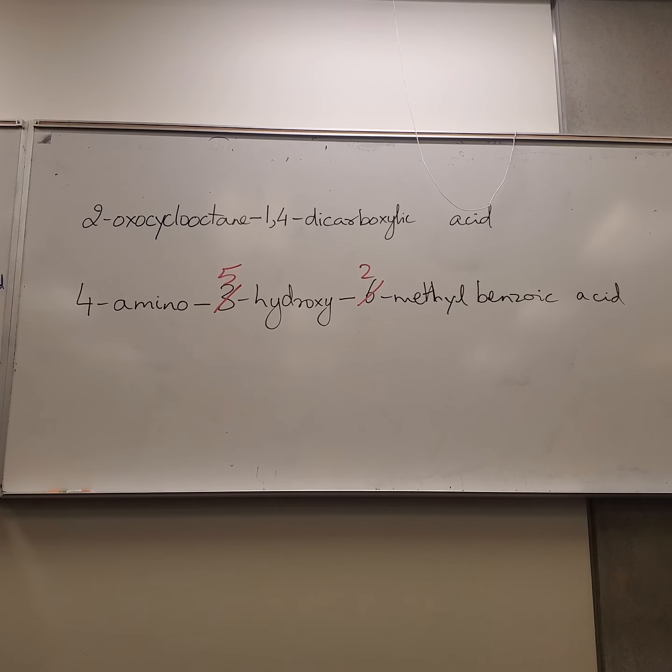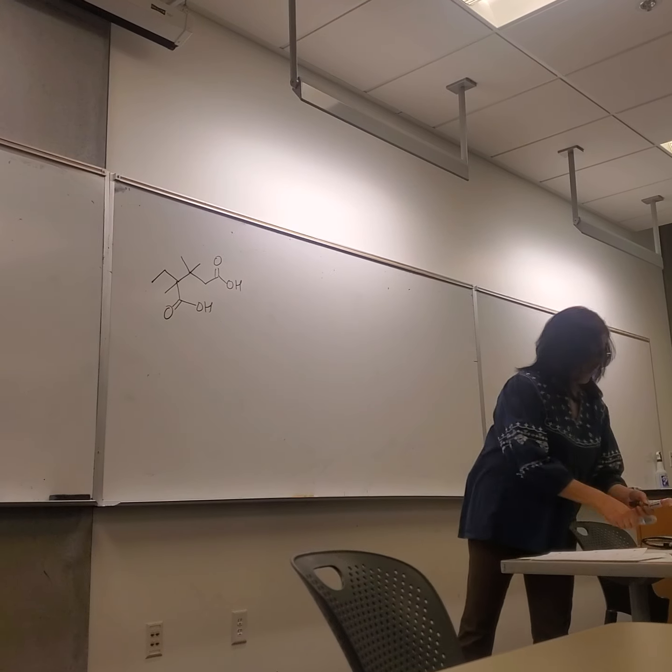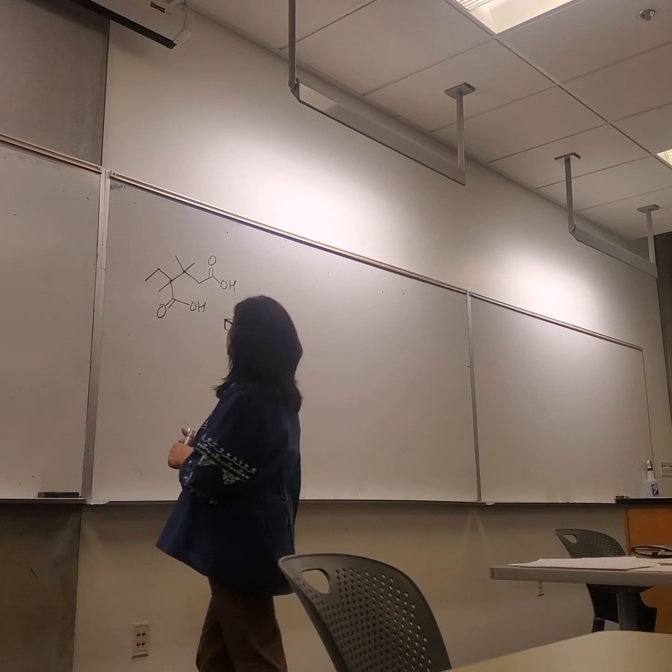What about the next one, guys? So what's our parent? 1, 2, 3, 4, 5. Pentane. Where are we going to number from? From the bottom. Why the bottom one and not the top one?